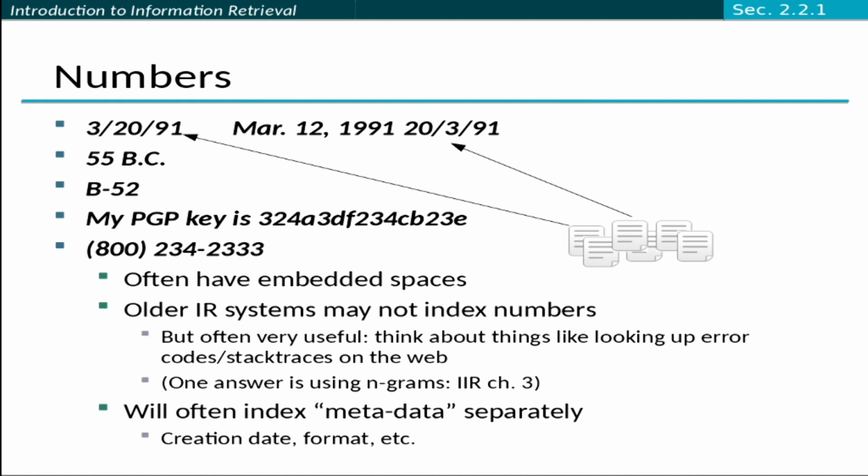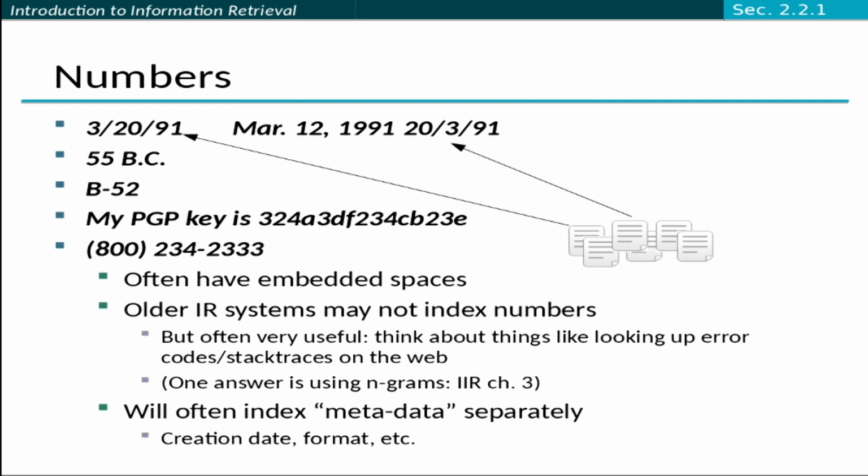So here you have two examples, 3/20/91, which is a concise version of a date, or the extended one, March 12, 1991, 20/3/91. Basically, we are referring to the same date, so we would have the same term, but they are completely different. And so on and so forth.